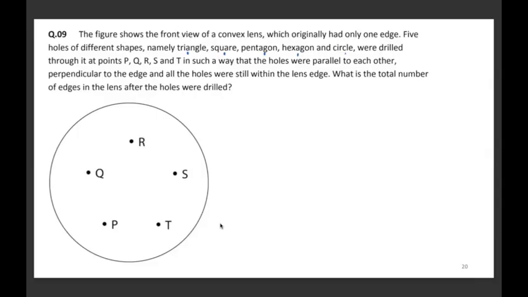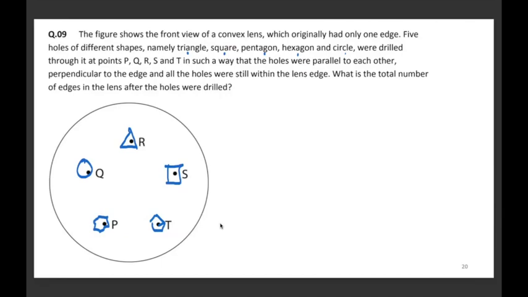What is the total number of edges in the lens after the holes were drilled? Pretty simple. So this is an edge. Yahan pe, in the first hole, we are drilling a triangle, then a square, then a pentagon, then a hexagon, then a circle. After we drill the holes, what is the total number of edges that are formed?